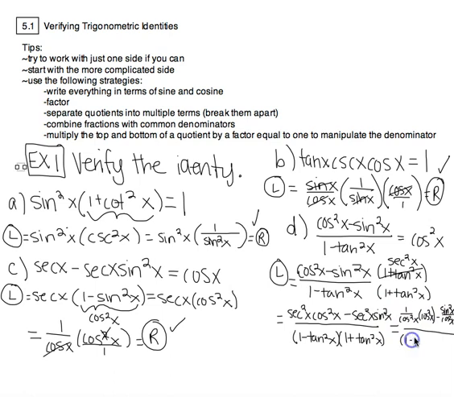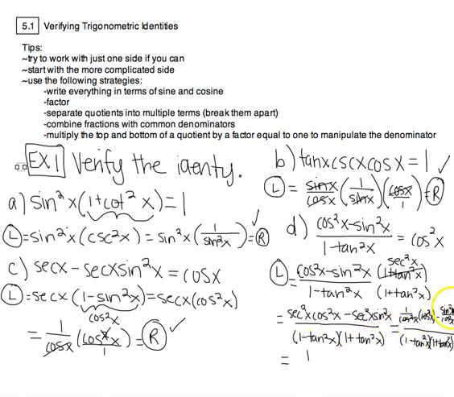So our denominator hasn't changed: 1 minus tangent squared times 1 plus tangent squared. Okay, so what that does is cosine squared x in the denominator times cosine squared x in the numerator. Those cancel each other out. That just gives me a 1.